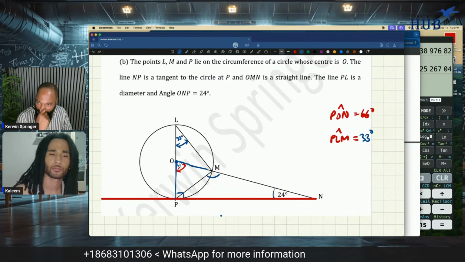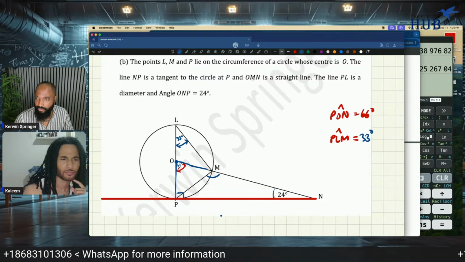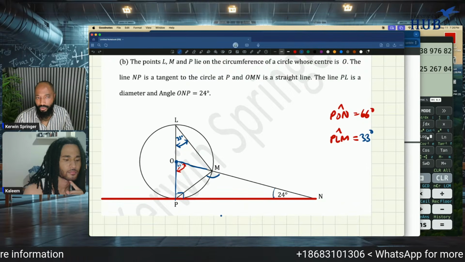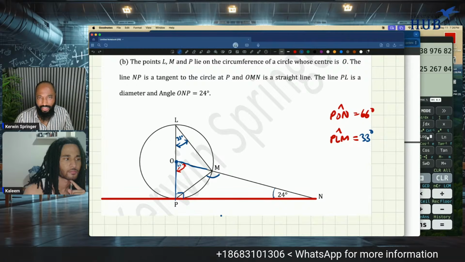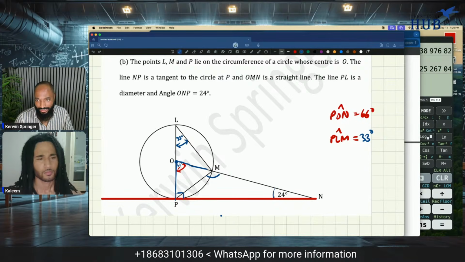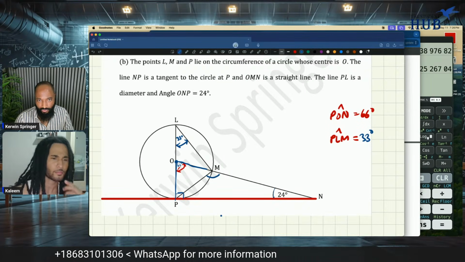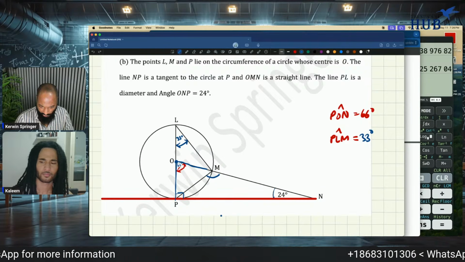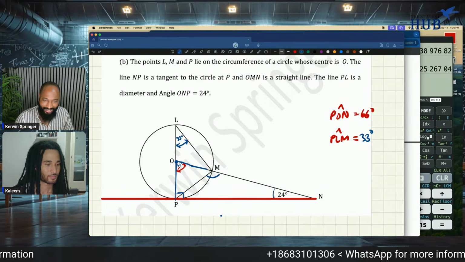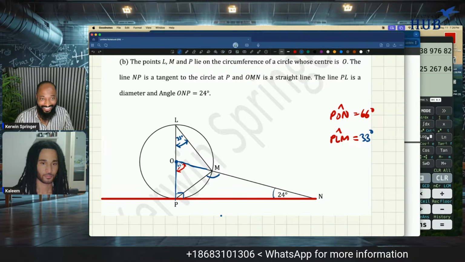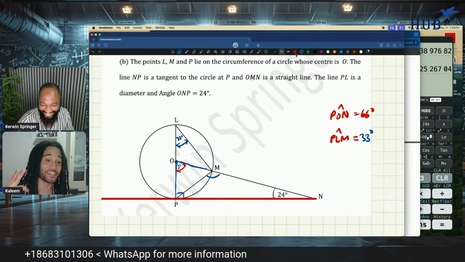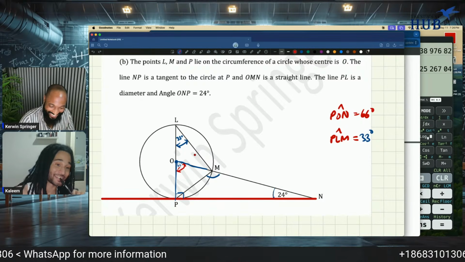There's one critical way that I'm seeing. So you're going to do some fundamental circle geometry ideas, then we have to do statistics. Do you think you can figure out a way to get PMN, Kalim?